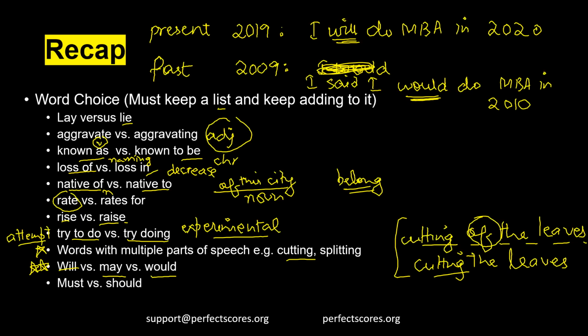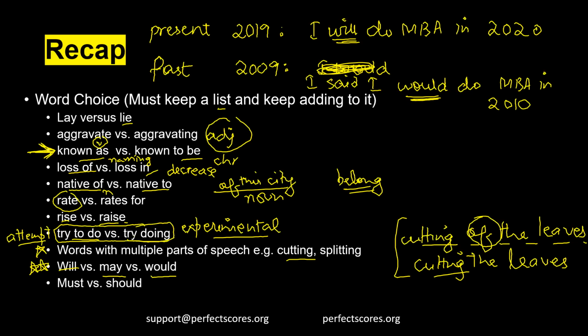But I would say the most important ones that are more common are going to be this one, known as versus known to be. Usually the ones that have a word after them. And native of versus native to, it's too specific to a particular meaning, so it's not tested so much. This one is tested a lot.